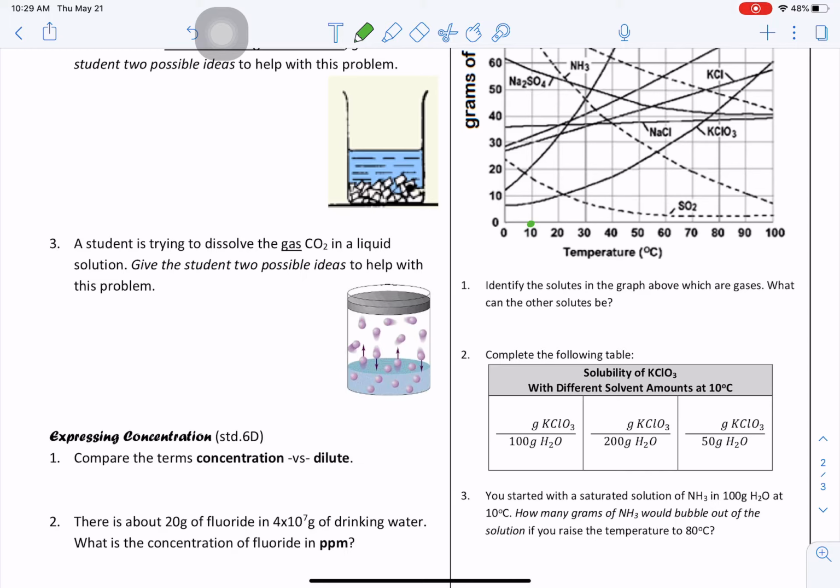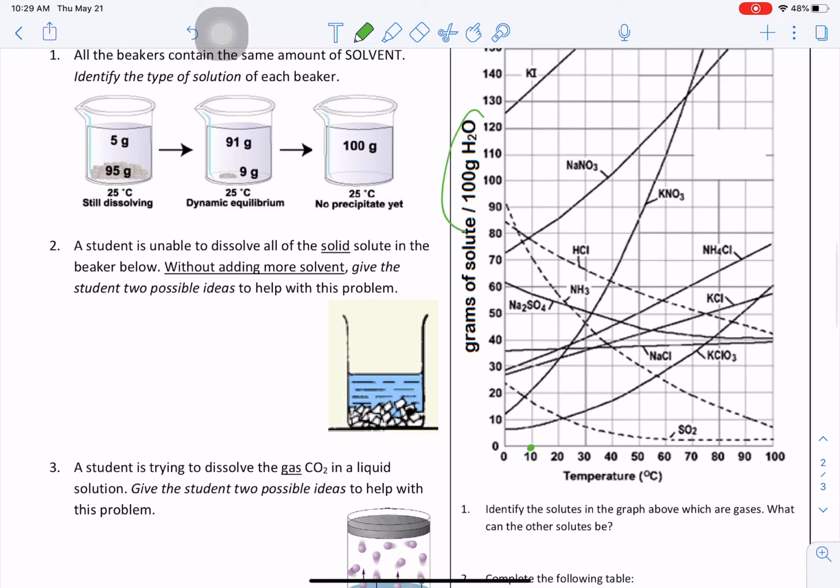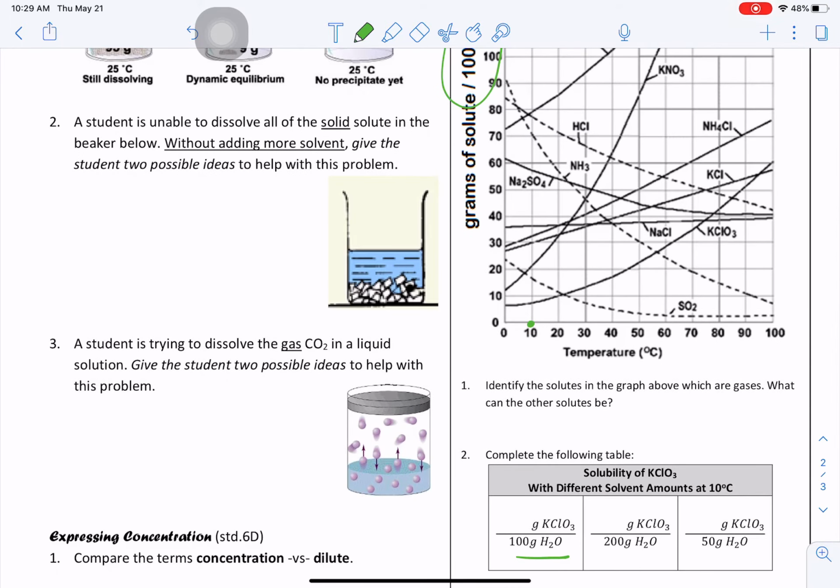The first one is how much potassium chlorate can we dissolve in 100 grams of H2O? This chart shows us how much in 100 grams of H2O, so where's 10 degrees? The maximum amount will land on the line. Where's potassium chlorate? It's this line right here. If you follow it, this is it. I would say, let's call it 8.